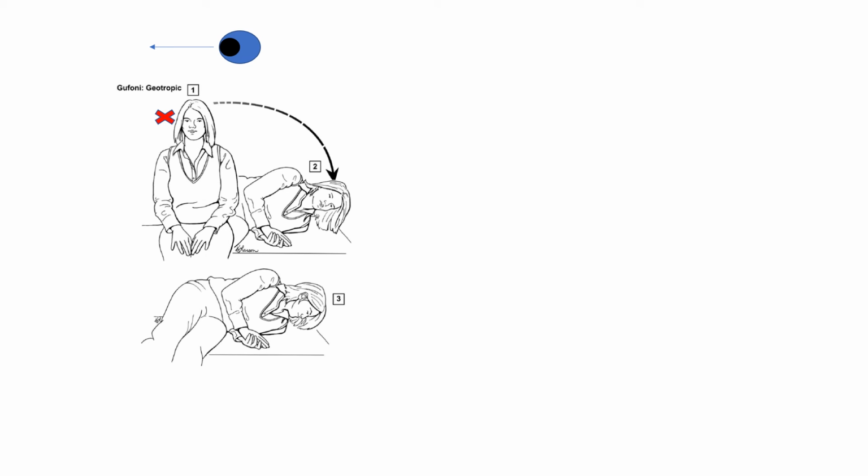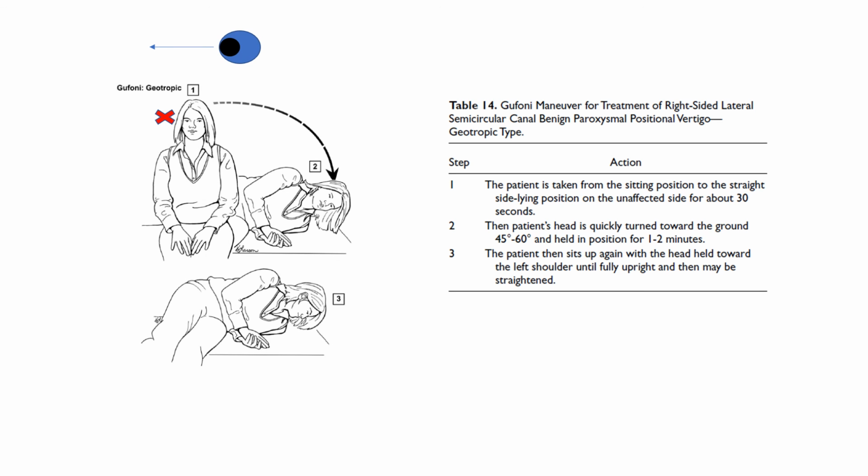So what you do here is that you take your patient and then you pull them down, and then they will have to move their head 45 degrees so that their head is smack into the bed. This looks really uncomfortable, and they have to hold this position for a couple of minutes, usually 1 or 2.